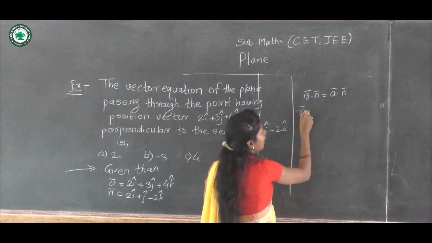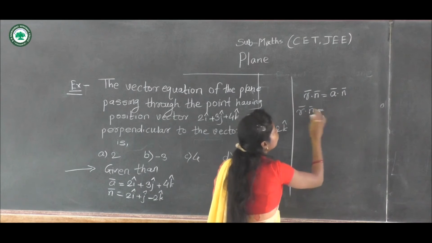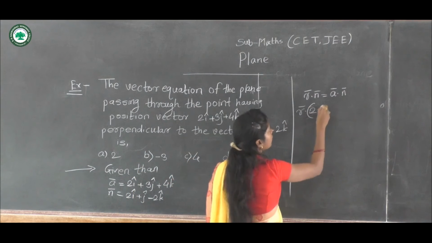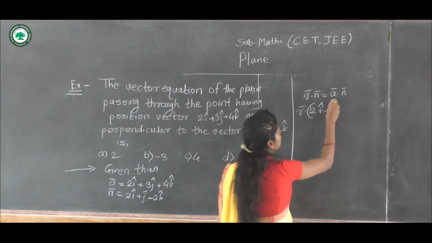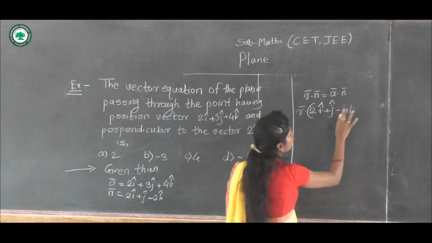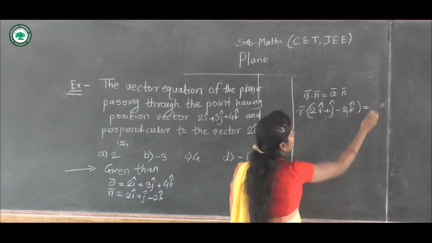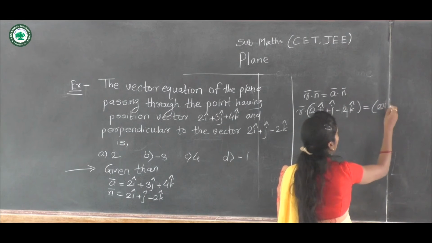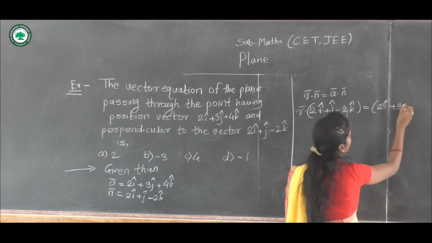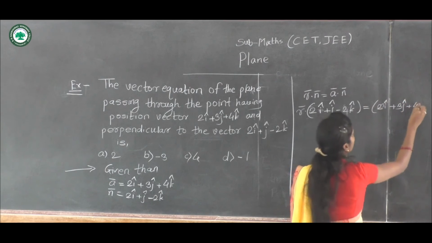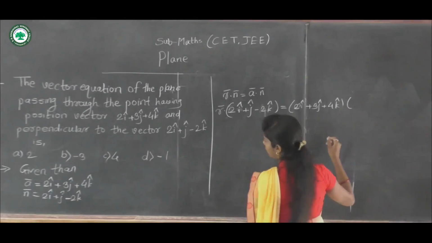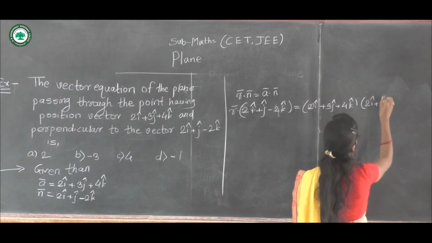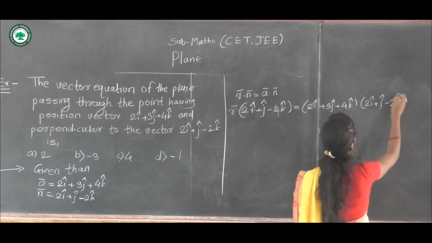Then r bar dot n bar is equal to, n bar means 2i cap plus j cap minus 2k cap, that's equal to a bar, which is given, 2i cap plus 3j cap plus 4k cap, multiplied by n bar, 2i cap plus j cap minus 2k cap.